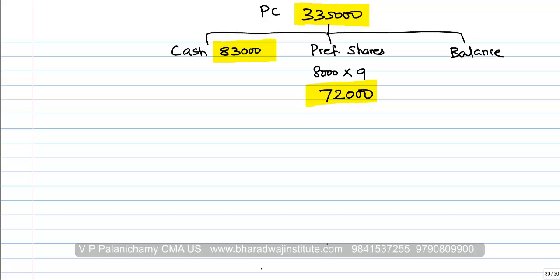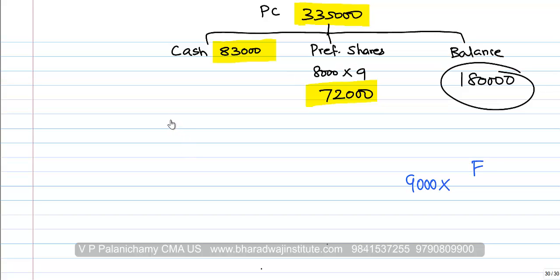Now what is the balance? Put 3,35,000 minus 83,000 minus 72,000. What is the balance? 1,80,000 is the balance. Sir, in the problem they have given some number of shares. How many shares are given? Look at how many equity shares: 9,000 equity shares into face value of 10 rupees. What is the face value total? 90,000.